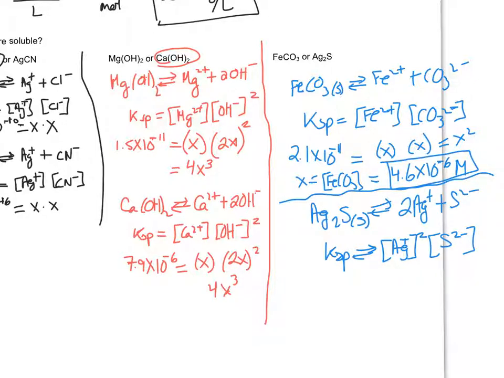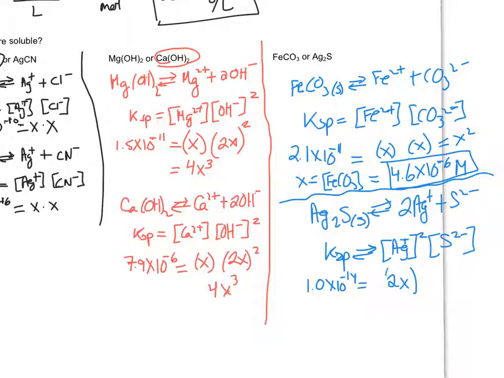Ag2S dissociating into 2Ag+ and S2-. Here's my KSP expression. My KSP that I looked up was 1.0 times 10 to the negative 14. Now, if the concentration of the Ag2S in a saturated solution is X, my concentration of the Ag+ would actually be 2X, because there's 2 silver ions for every 1 Ag2S.